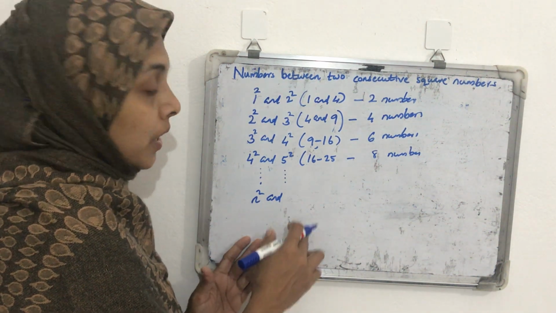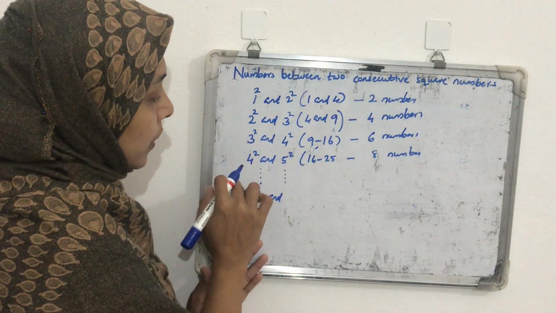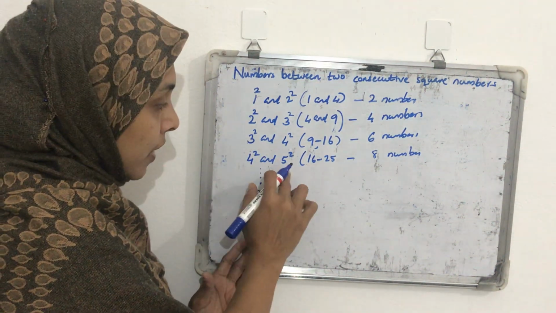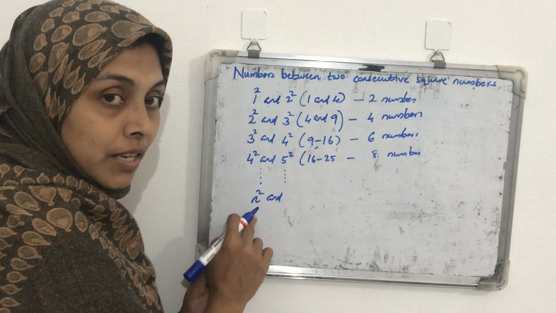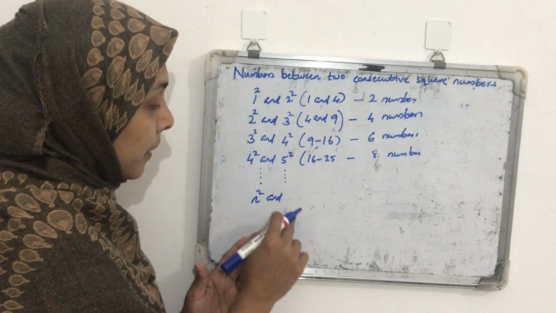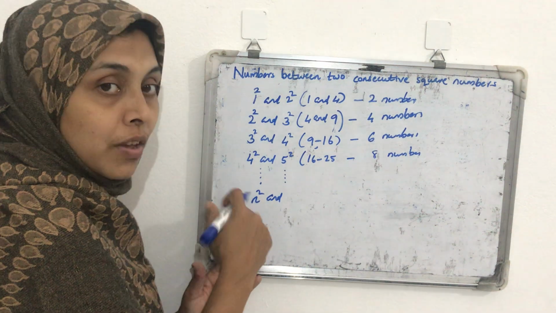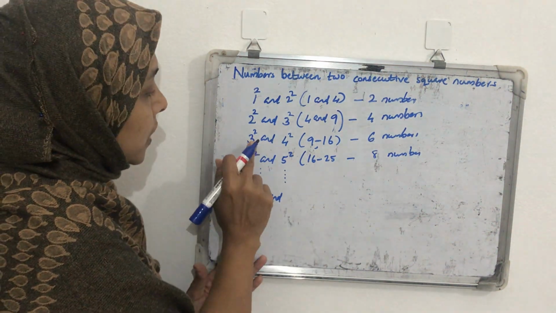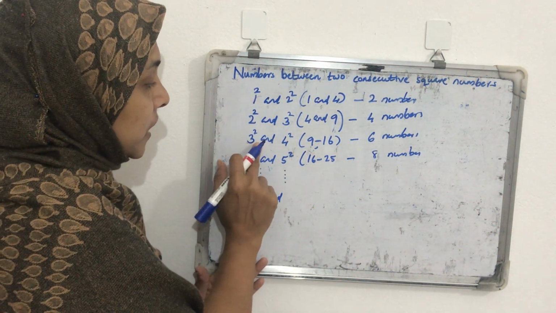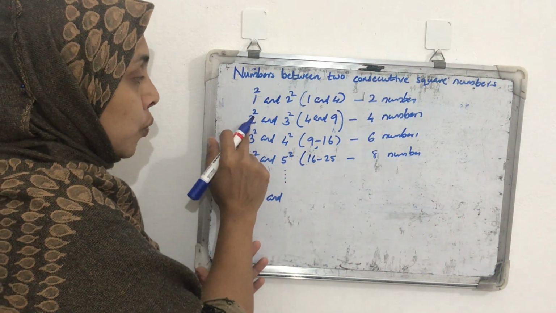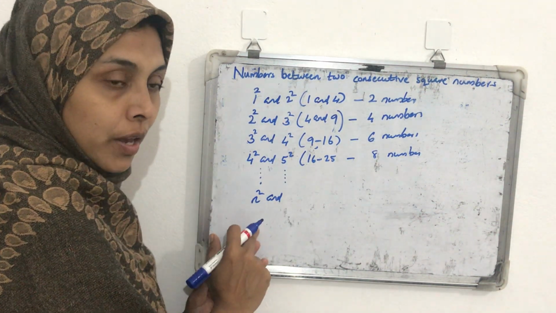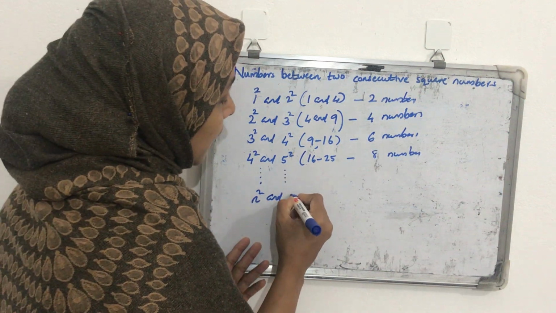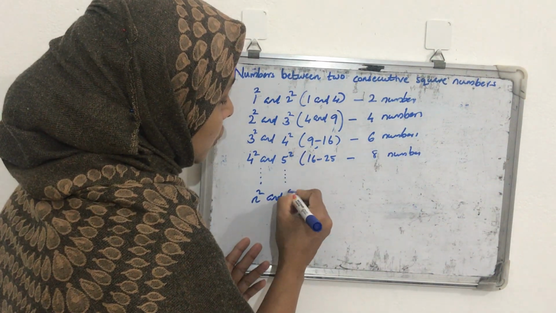If it is 3 square and 4 square, the next is 4 square and 5 square. So for n square, the next square number will be with n plus 1, because we get it by adding 1. 2 plus 1 we got 3, 3 plus 1 we get 4. So if we take n square, the next is n plus 1 whole square.